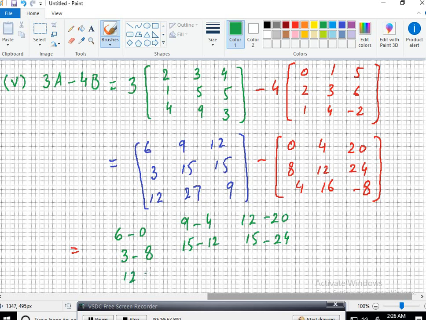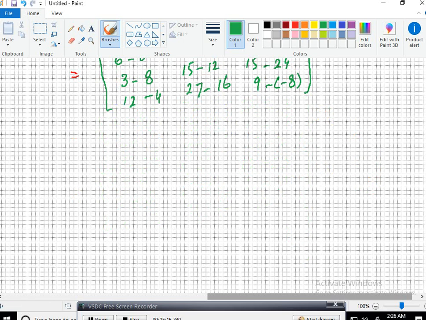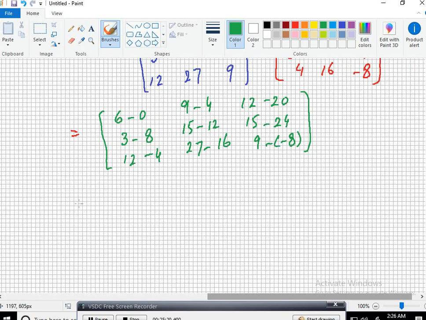Similarly, multiplying all the entries of B with 3: 3 times 0, 3 times 1, 3 times 5, 3 times 2, 3 times 3, 3 times 6, 3 times 1, 3 times 6, 3 times minus 2.